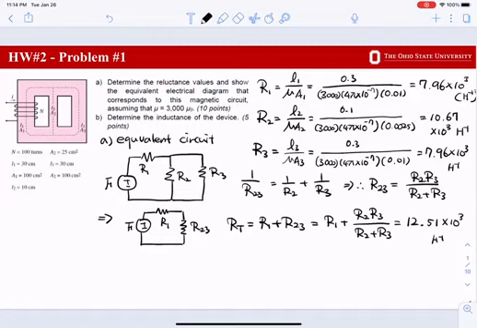Okay, so this is the answer for number 1A.